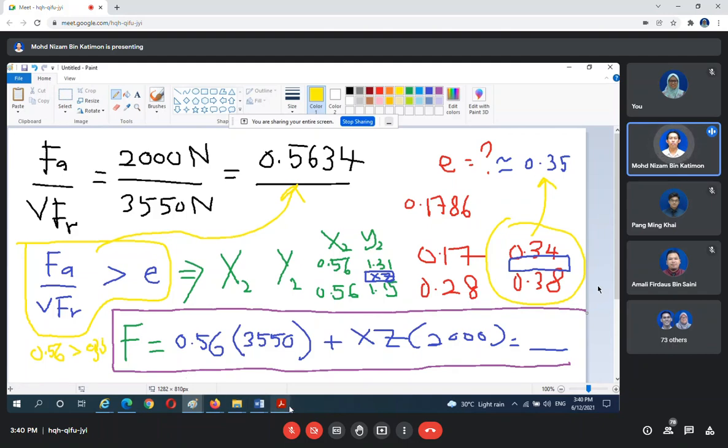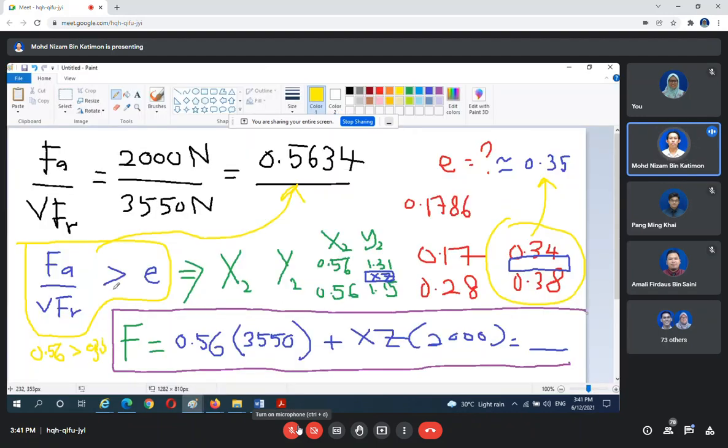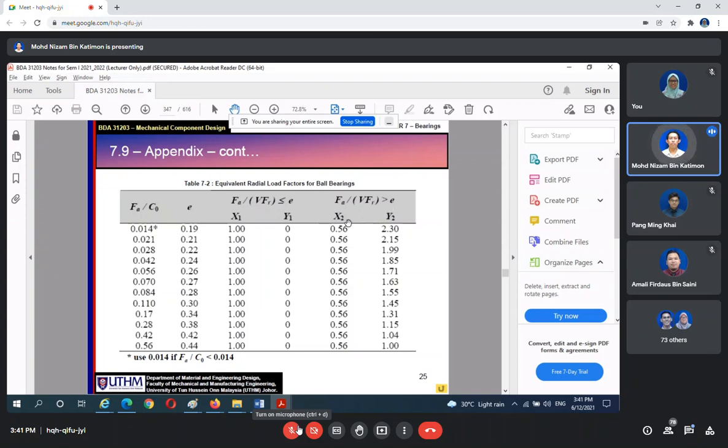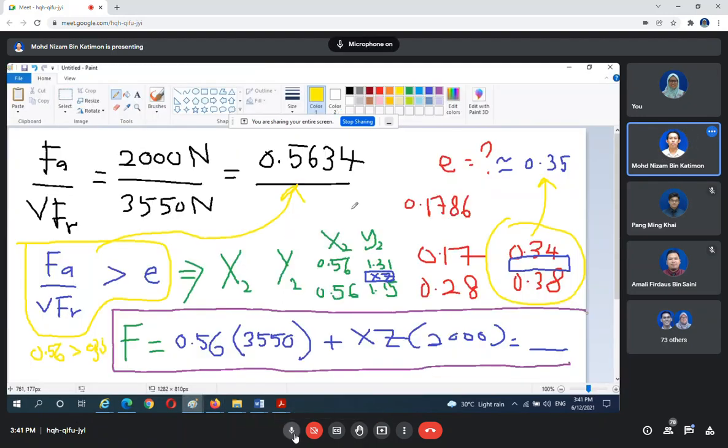Therefore, referring to this figure, I refers to either number one or number two. That's why in the step we need to know whether FA over VFR is less or bigger than E. From our calculation it is bigger, so I becomes number 2. Is it clear?